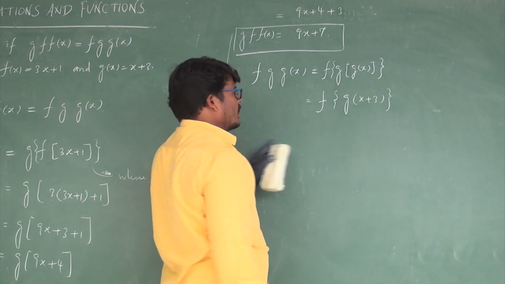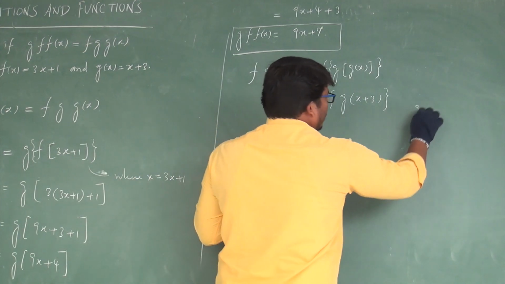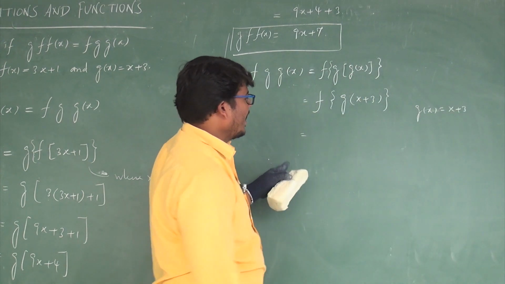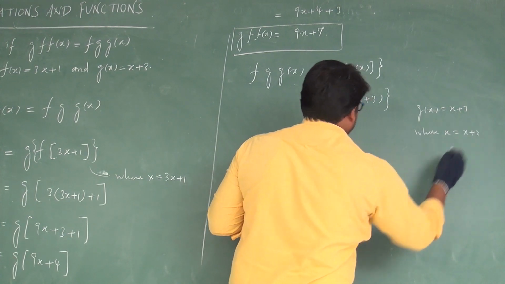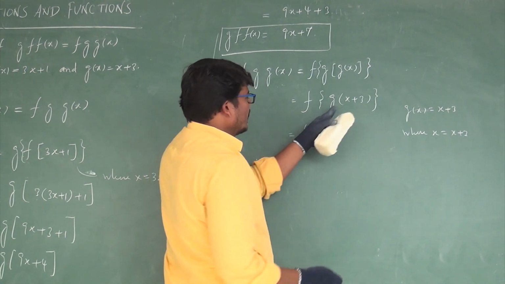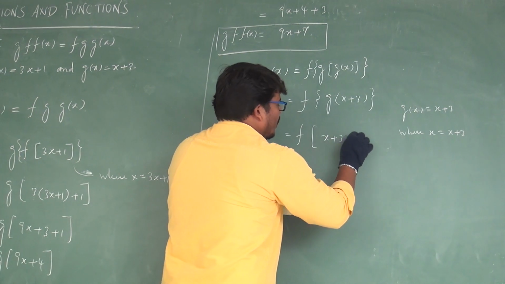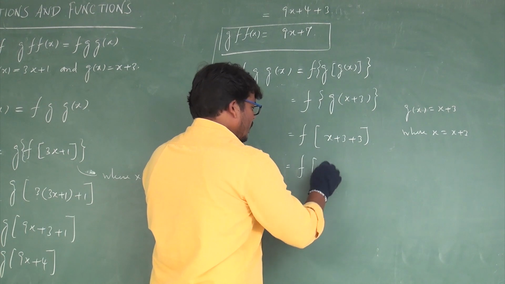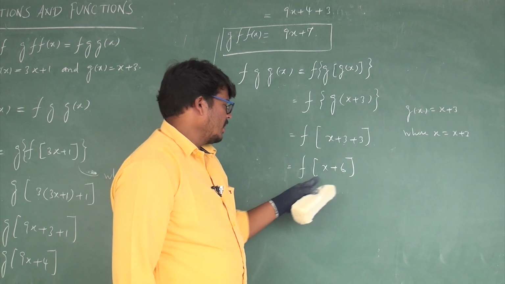The entire function is g of x, where g of x equals x plus 3 and x is replaced by x plus 3. Now substitute the value: x plus 3 plus 3, and 3 plus 3 is 6. So f of x plus 6.